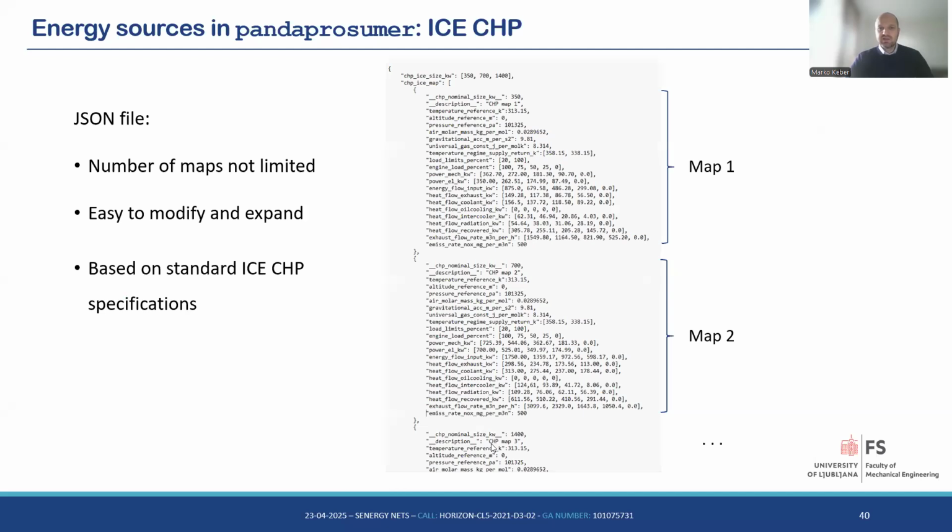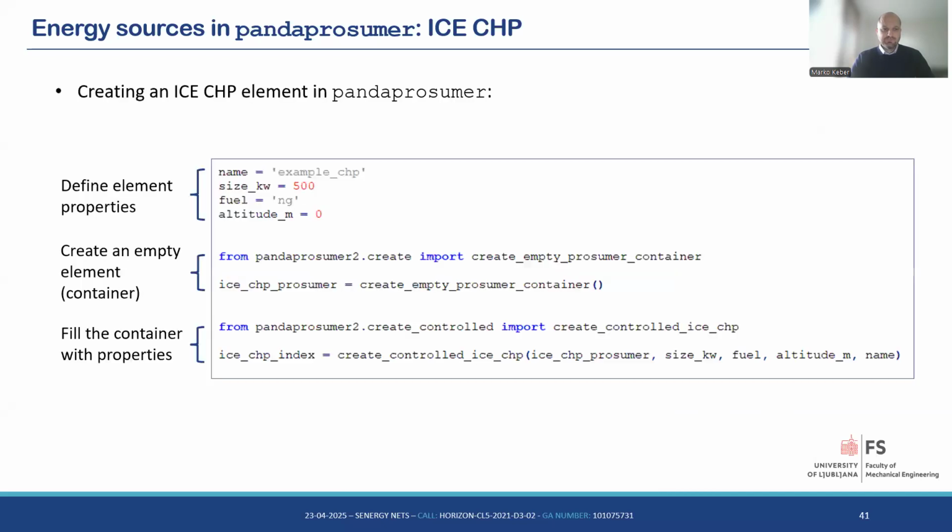If the data is not available, the user can use zeros, and the program will work just fine. This is not hard-coded, which means that the maps are, as I mentioned, in a separate JSON file. You can find them in the pandaprosumer folders, in the library folder specifically, and there you can change this as you wish.